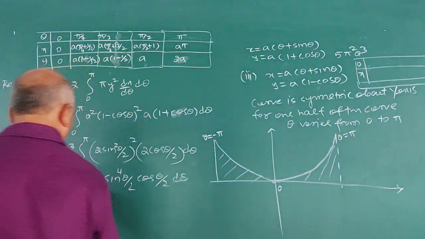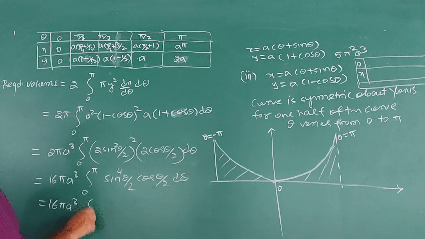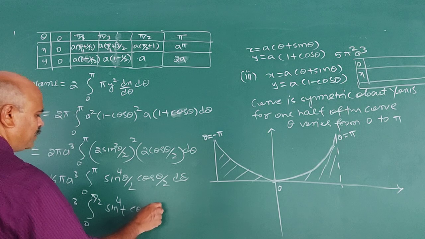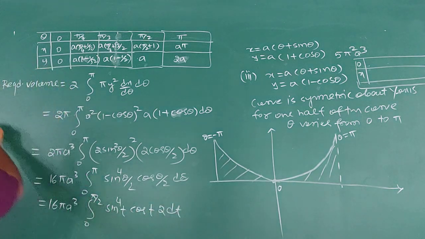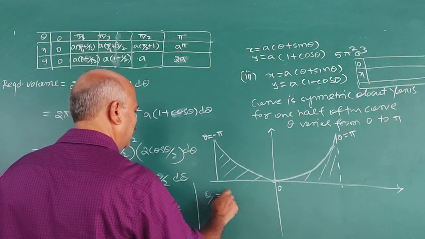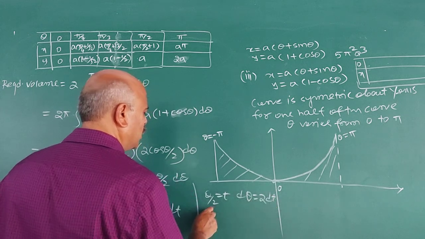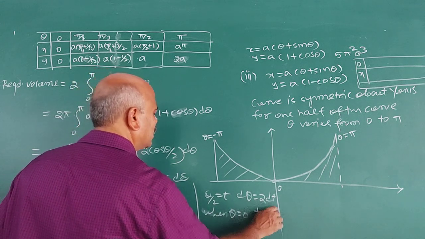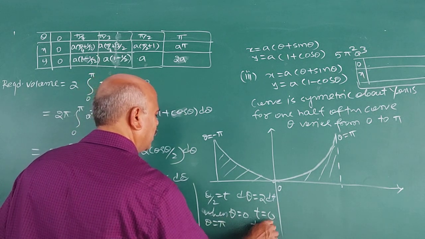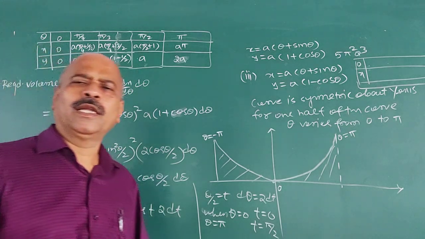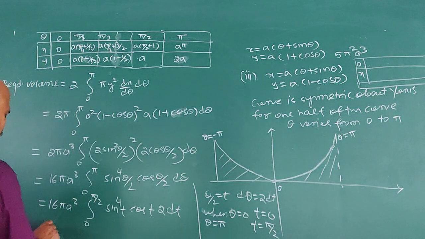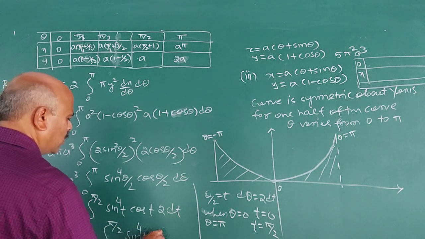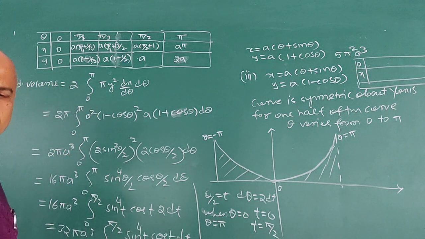Use the substitution theta by 2 equals t, so d theta is 2 dt, and the limits become 0 to pi by 2, because when theta is 0, t is 0, and when theta is pi, t is pi by 2. In definite integrals, when substitution is used, the limits change. So 32 pi a cube, integral 0 to pi by 2 sin t raised to 4 cos t dt.